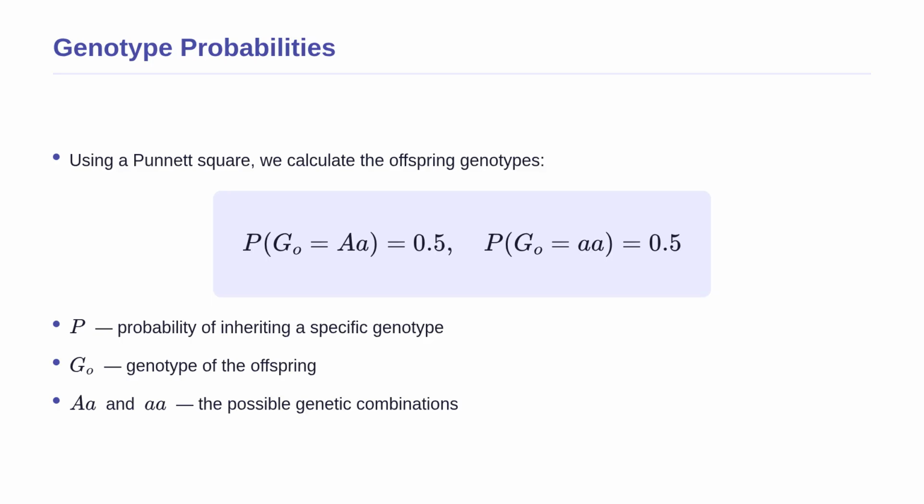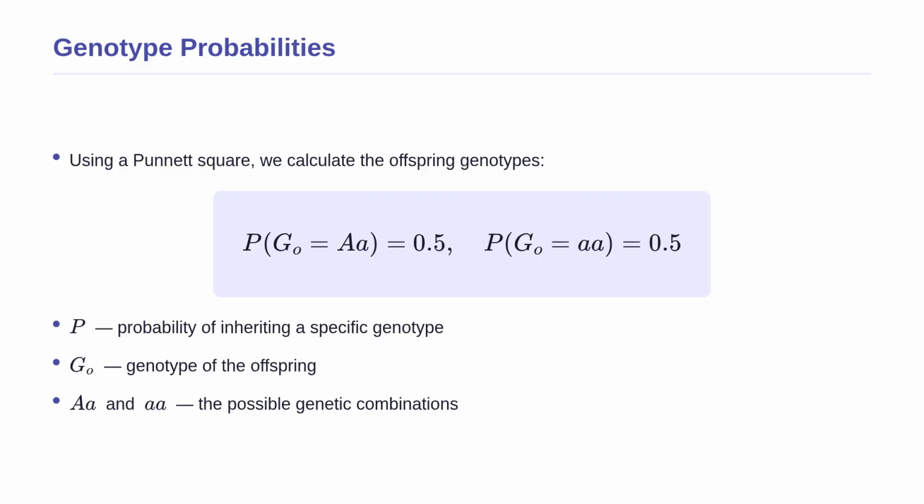To find the phenotypes of the resulting offspring, we first need their genotypes. The formula calculates the probability, denoted by P, of the offspring inheriting specific genotypes, denoted by GO. By performing a standard Punnett square cross between our heterozygous mother and homozygous recessive father, we get two results.